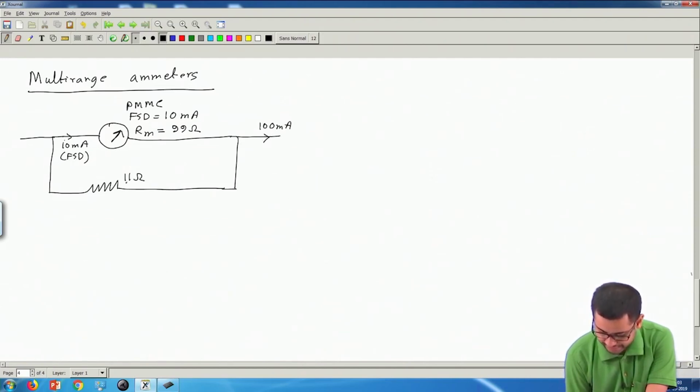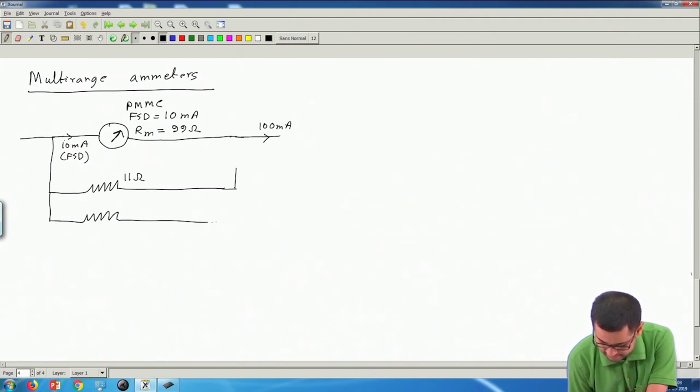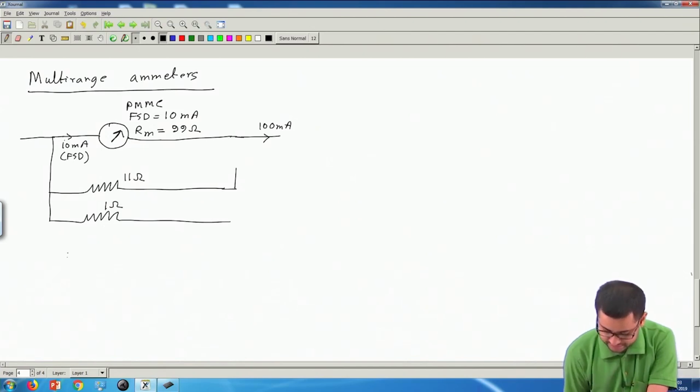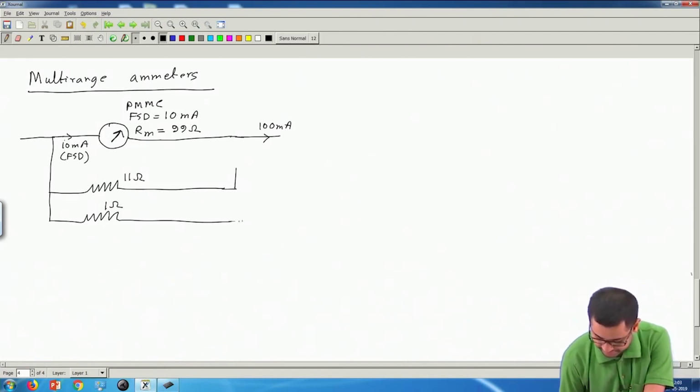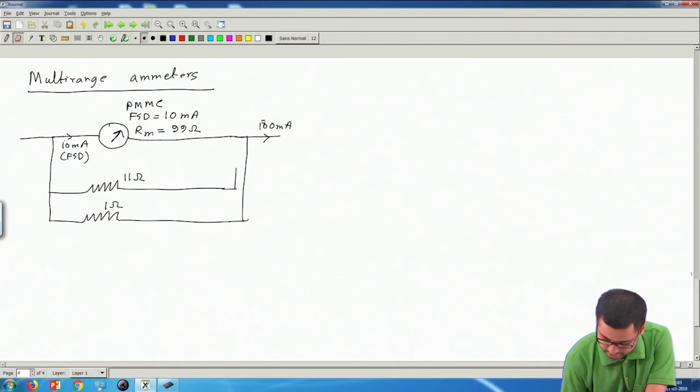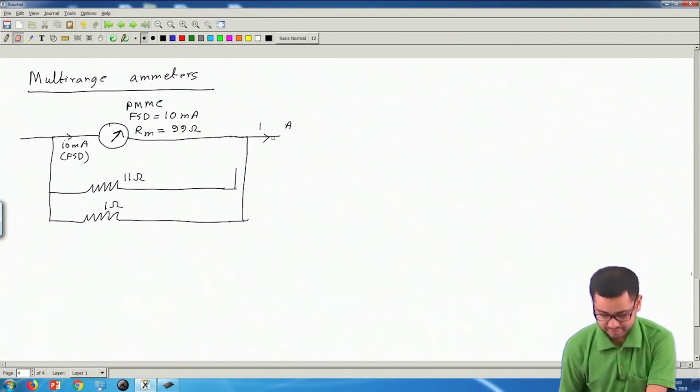And if we had used a different resistance, so let me disconnect it and connect a different resistance, and say if this is 1 ohm, then when this is 10 milliampere, this will be 1000 milliampere or 1 ampere. So, this will be then 1 ampere.